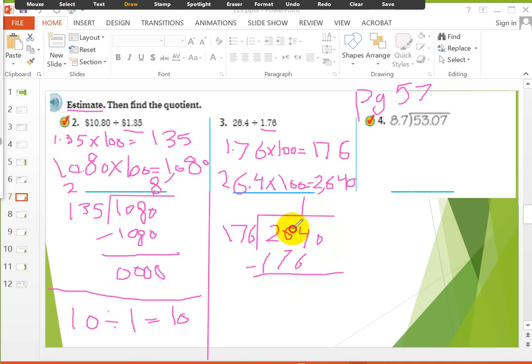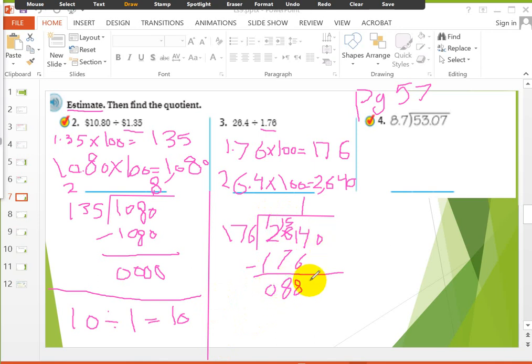I have to borrow from the 6, so it will be 5, and this one will be 14. Now 14 minus 6 equals what? Equals 8. And 5 minus 7, also I have to borrow from the 2, it will be 1, and this one will be 15. 15 minus 7 equals 8 also. So this one will be 0.